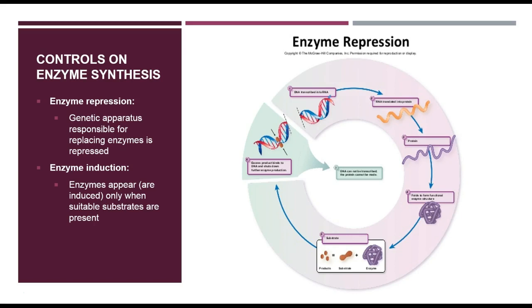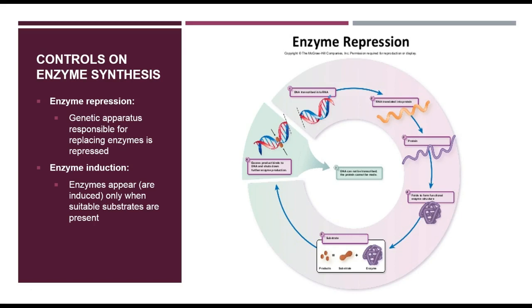If, for instance, we have too much product being produced within the cell, then the excess can actually bond to the DNA, that gene that codes for that enzyme production. And then the RNA no longer gets produced and translated into a protein. Proteins don't get made, and so the enzyme is no longer produced.